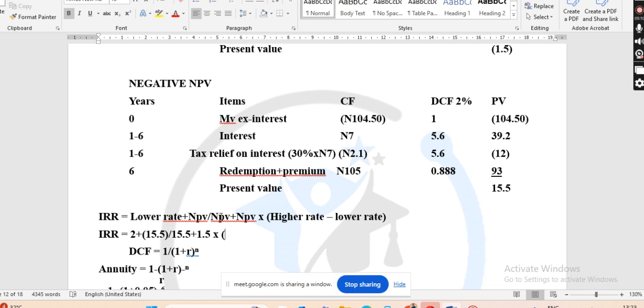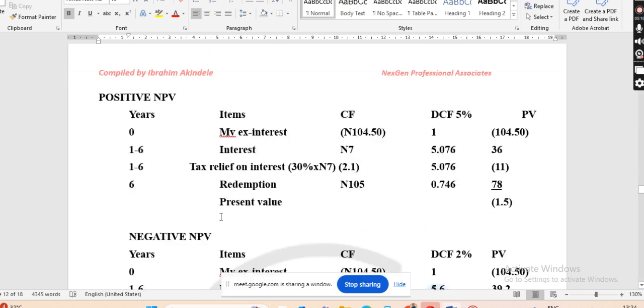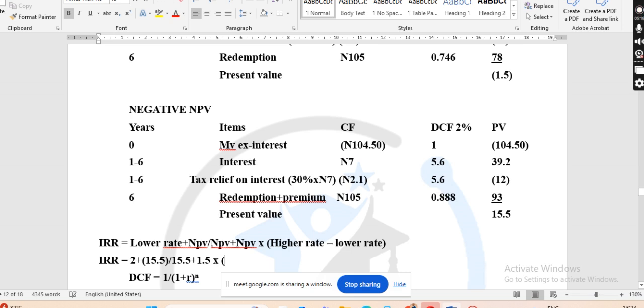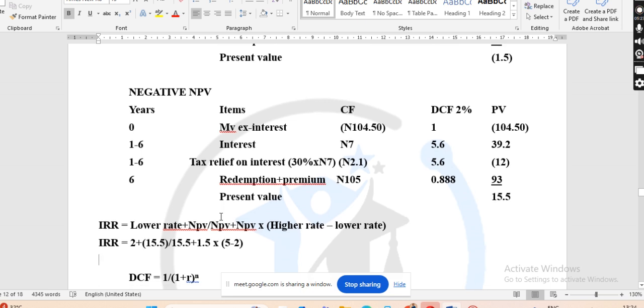What is the higher rate that we use? 5%. Just use 5 and move on. Minus 2, right? So, please, what is the cost of redeemable debt?